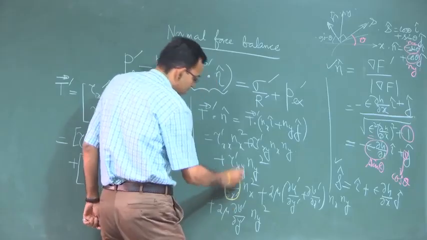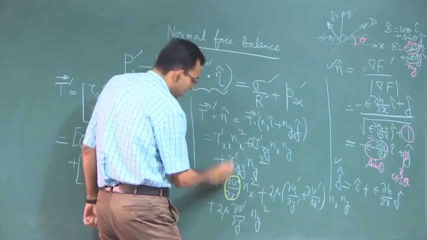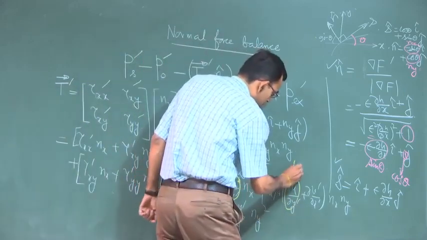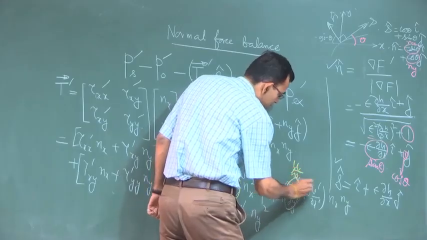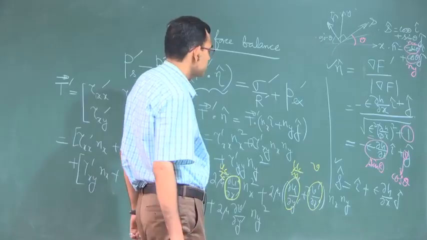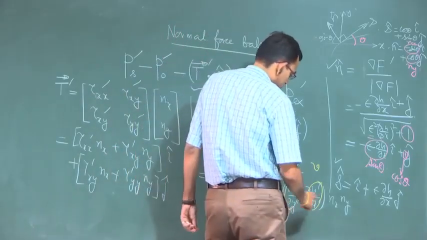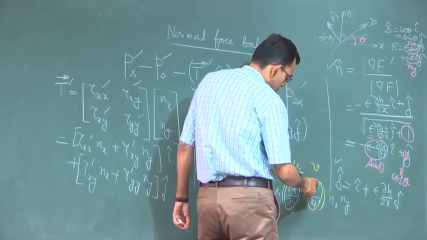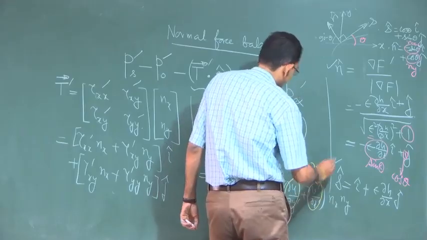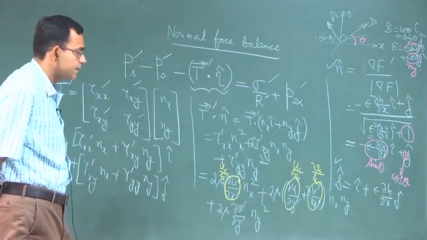So, this is of the order of UC by LC, this is of the order of UC by H naught, this is of the order of Vc by Lc, right.